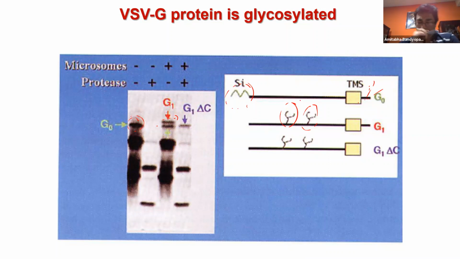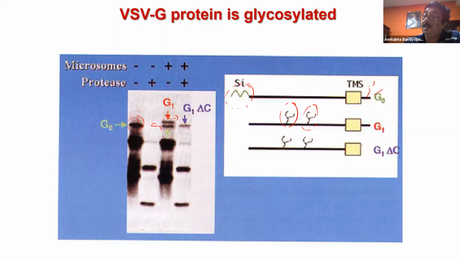And of course you have the one with the signal peptide removed as well. Now, in the presence of the protease, you get a slightly smaller size. So unlike IgG light chain, in the presence of protease, where the size is not changed, here the size changes slightly, from here to here.